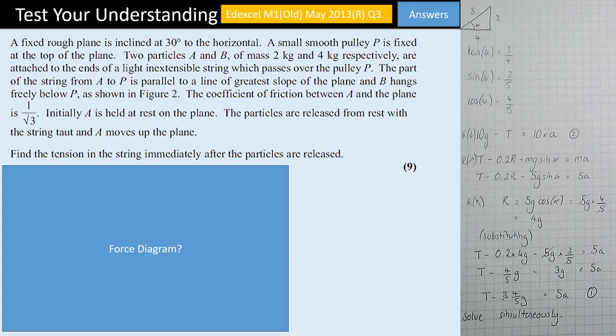Now, before, we had to find stuff out before we could find the tension. This time we're trying to find the tension immediately after the particles are released without any previous stuff. We're going to need that diagram. Exams are generally pretty nice in giving you some kind of diagram.